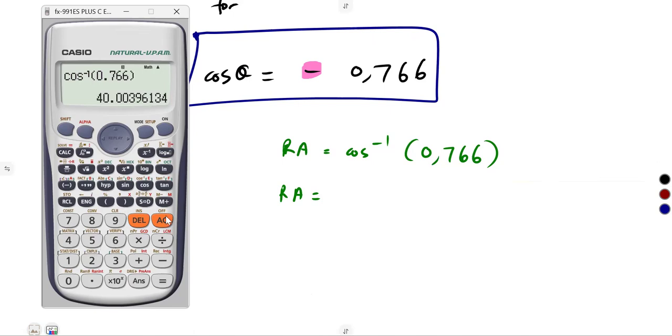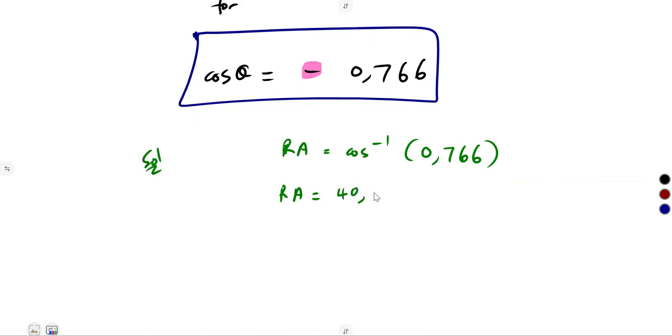All right, that gives us 40.00 and so on. If we fix this to two decimal places, it is 40.00, which is simply 40 degrees. That's our reference angle.